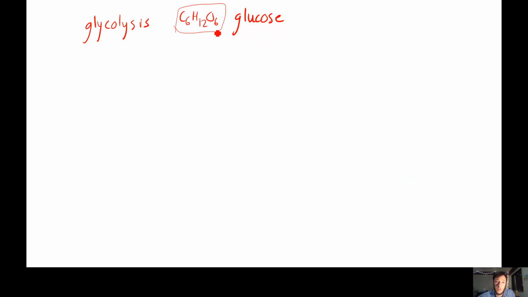I don't think that you need to memorize this, but the part that's important is carbon. Through this whole process, we're going to track carbon. Glucose has 6 carbons, so we'll put a 6 right there. And what it does in glycolysis is it breaks down into two molecules of pyruvate.